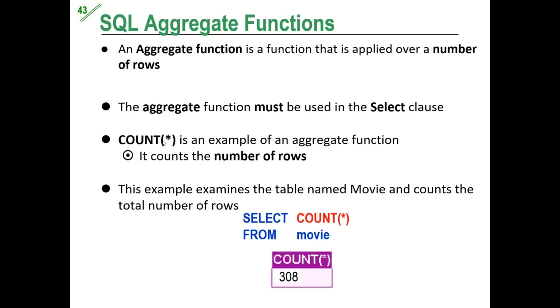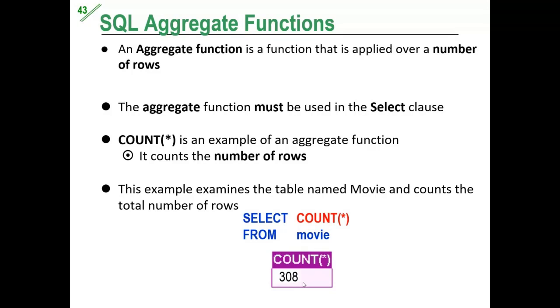So I can place that count function in a select clause and run the SQL command like this: select count(*) from movie. That means it counts the total number of rows in my movie table.